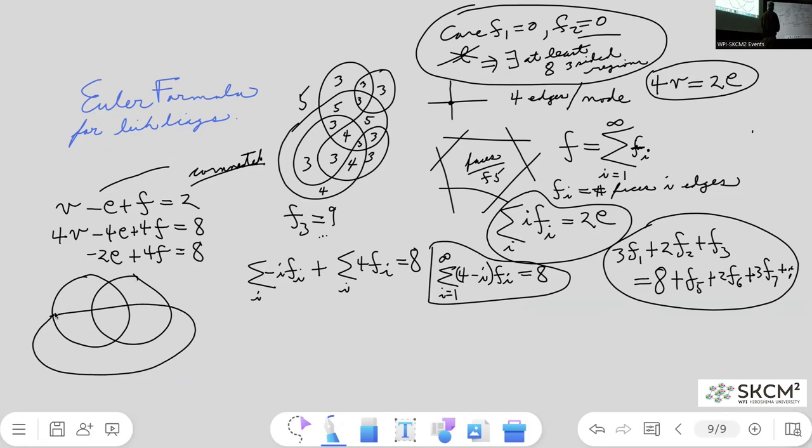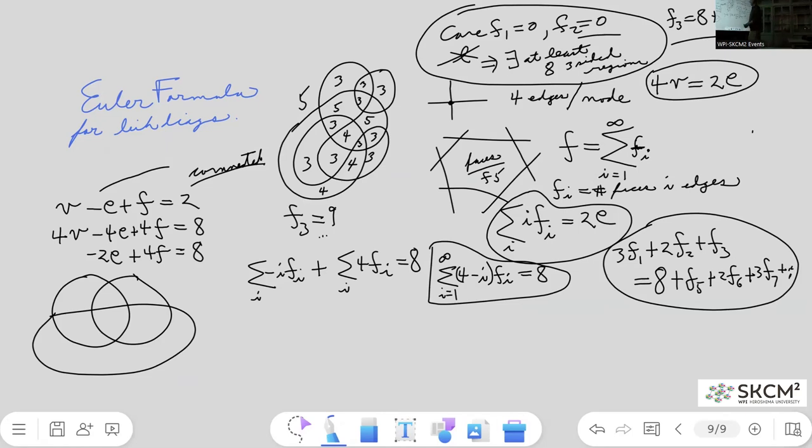The Venn diagram has only three-sided regions, and there are 8 of them. That's the 8. Under these circumstances, since we assume these are 0, F3 is equal to 8 plus F5 plus 2F6 plus and so on. The Venn diagram is the simplest example of that.